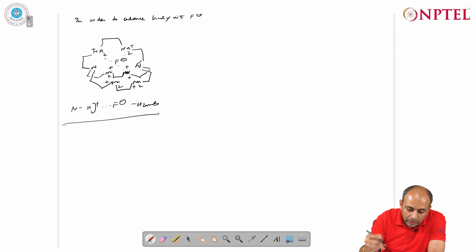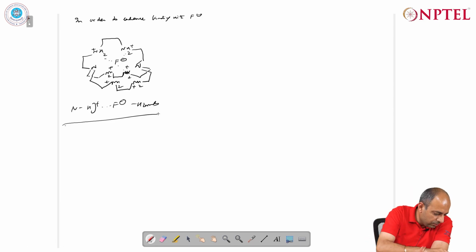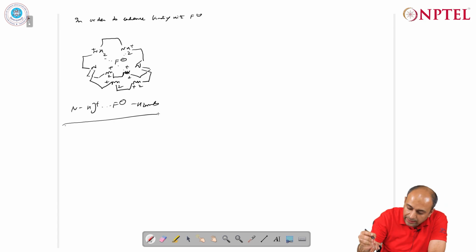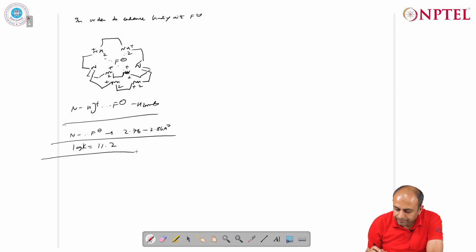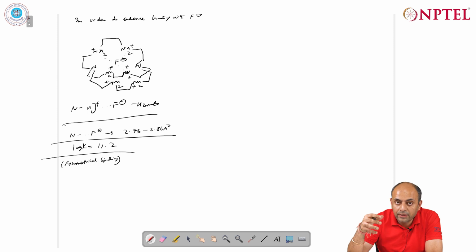And after looking carefully at the crystal structure, it was observed that the N...F- distances are 2.76 to 2.86 angstrom, and the magnitude of the log K is 11.2, and you have got more symmetrical binding. So, chemists can make fascinating molecules.